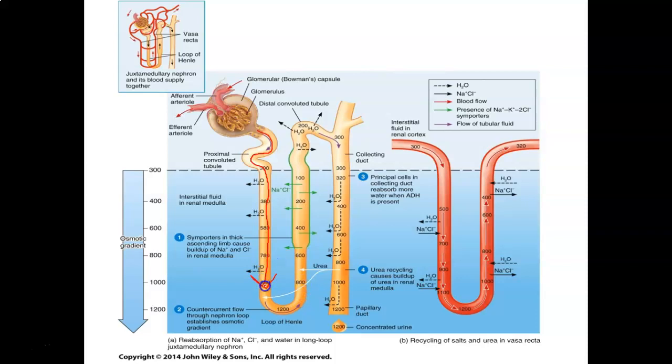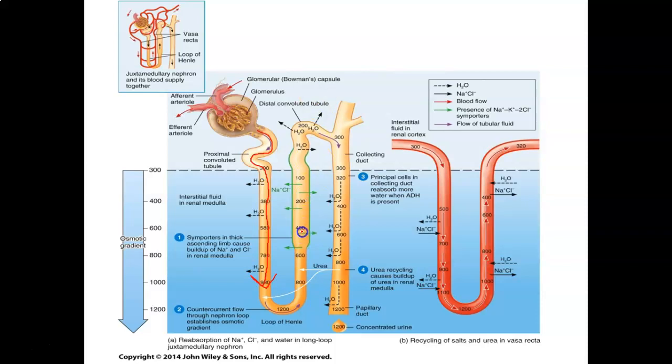Part of that is because the amount of ions has fluctuated. Whereas the proximal convoluted tubule is essentially permeable to everything, the loop of Henle is where it starts to dictate what can and cannot get through.